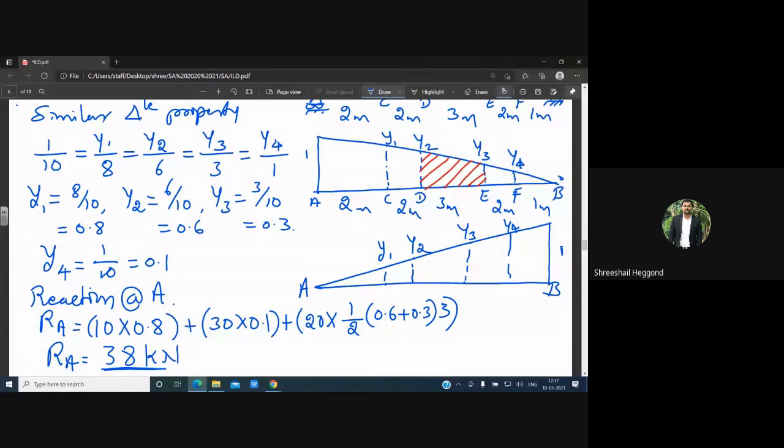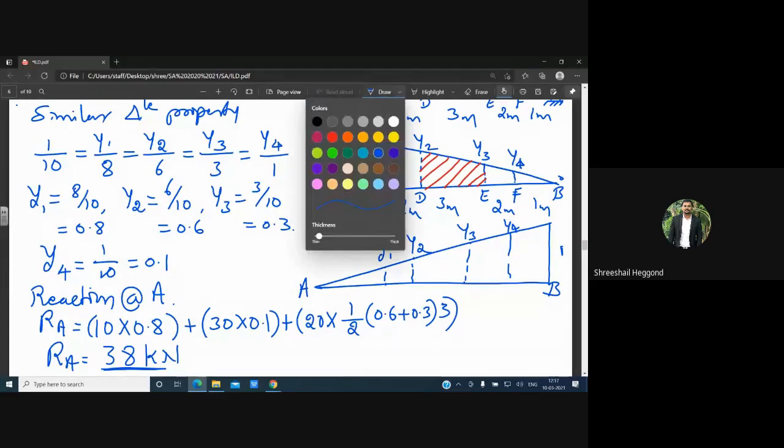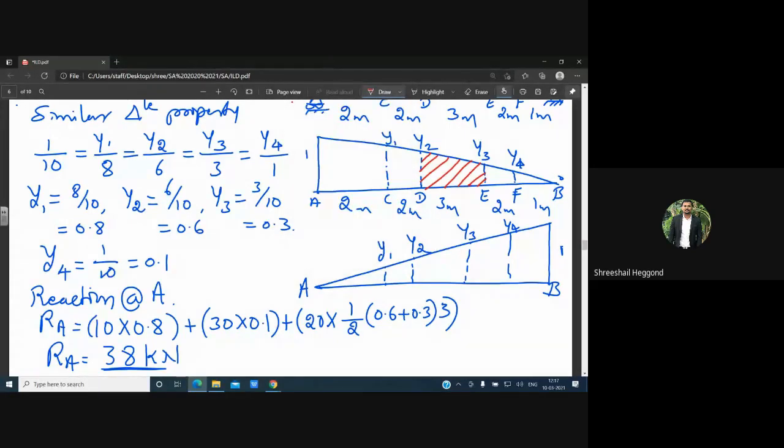If it is a UDL, we need to multiply the area; for point loads, multiply the quantity of load. Here in this case, the UDL is given between y2 and y3. That area you need to calculate. First, we need to calculate ordinates and then we'll calculate the remaining components.